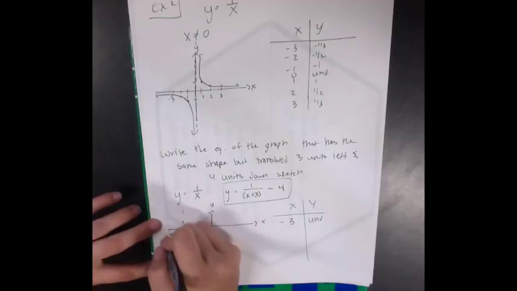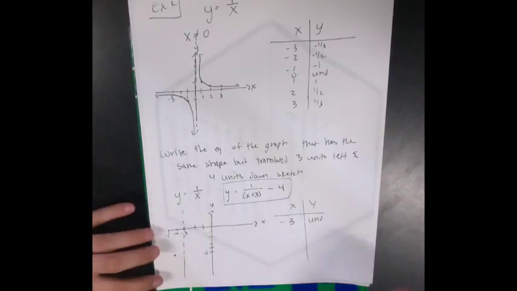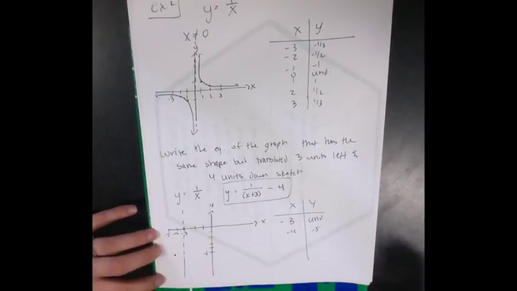And you can still plug in the same points if you want, or you can know that this is kind of how the graph is going to go. So at -4, what did I say, -5.